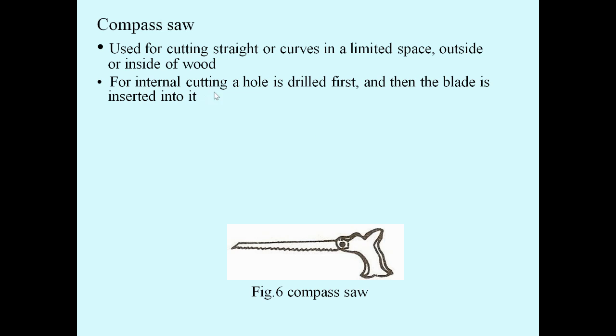For internal cutting, a hole is drilled first. If you want to cut internally on the workpiece, first of all you have to drill a hole on the workpiece, and then the blade of the compass saw is inserted into the hole.